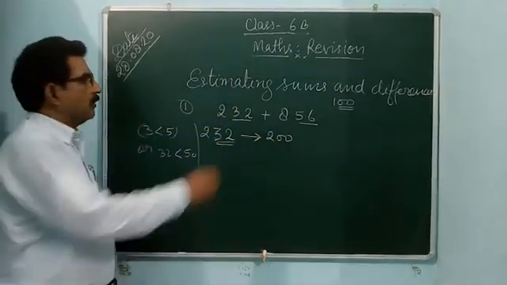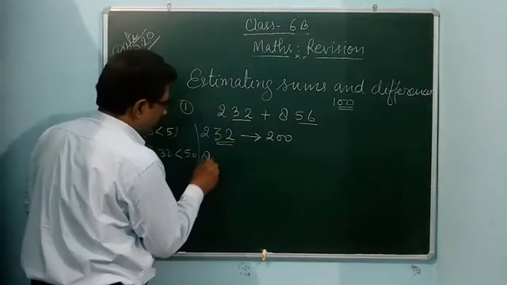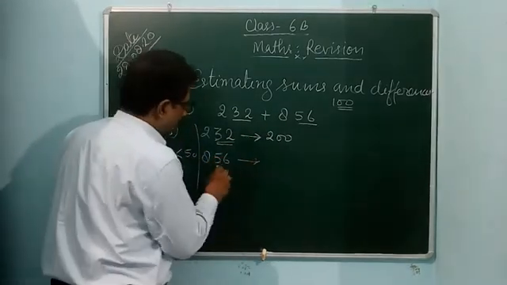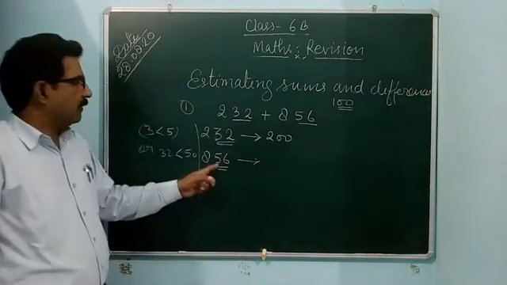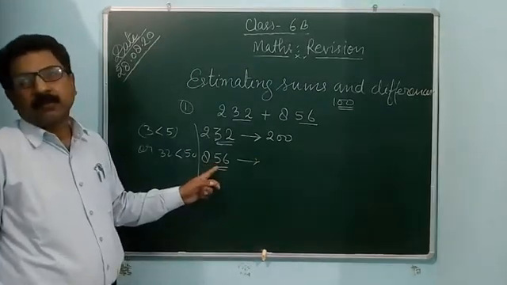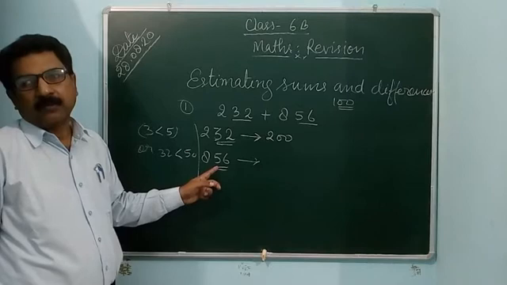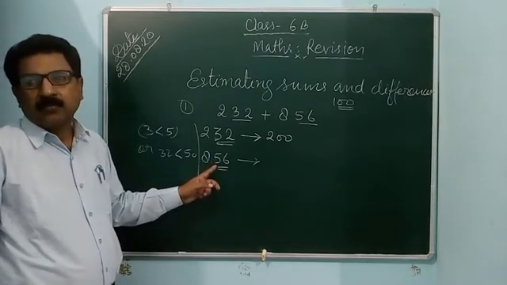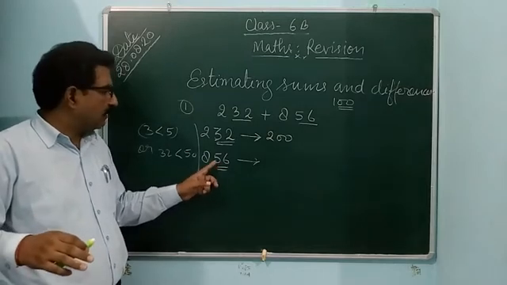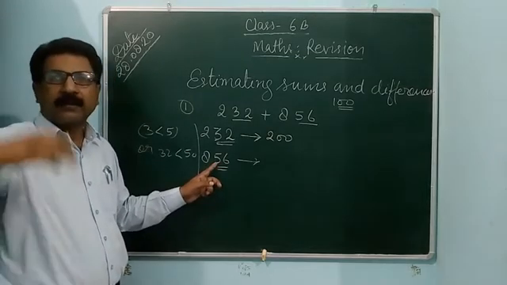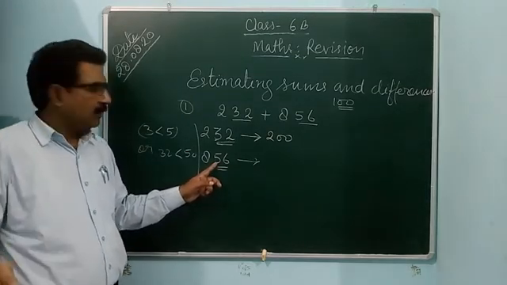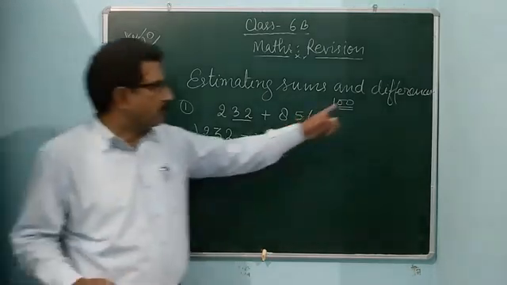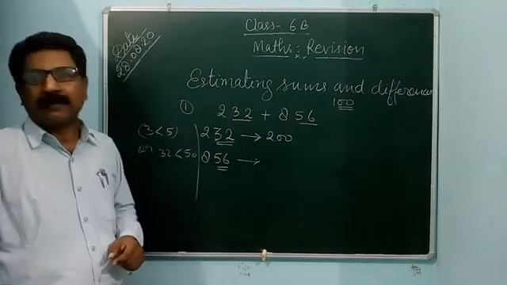See 856. Taking 2 digits, it is 56, more than 50. 5 is equal to 5. So if the tens place digit is 5 or more than 5, it is estimated to the next number, completing 2 zeros, till 100.